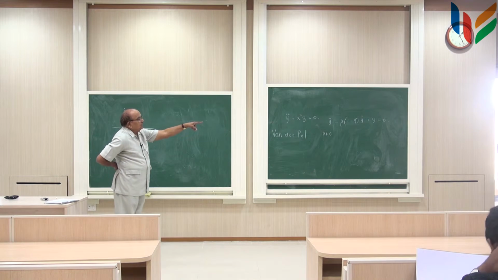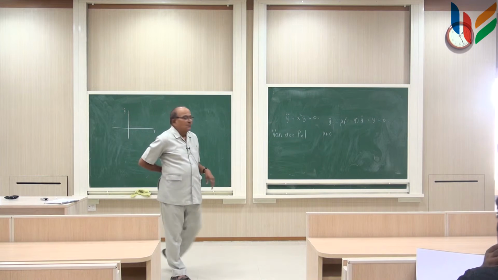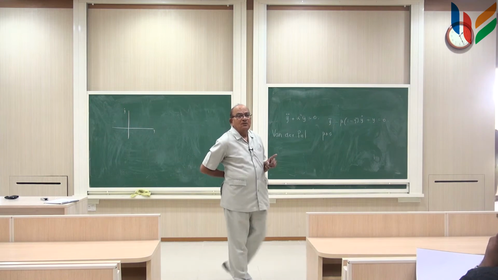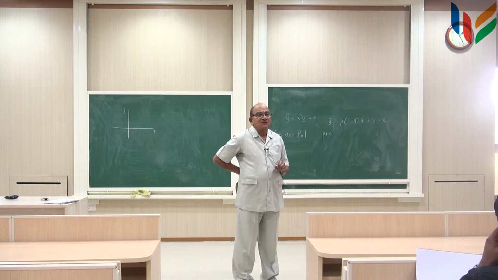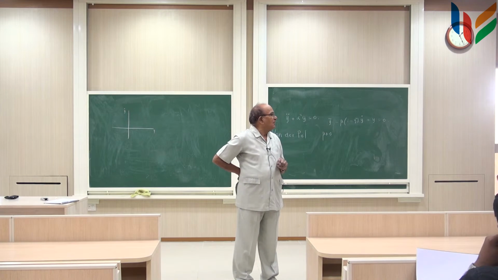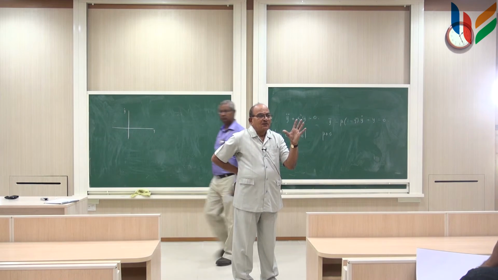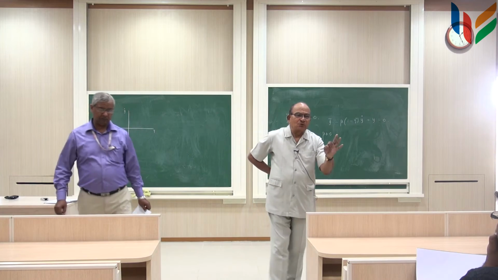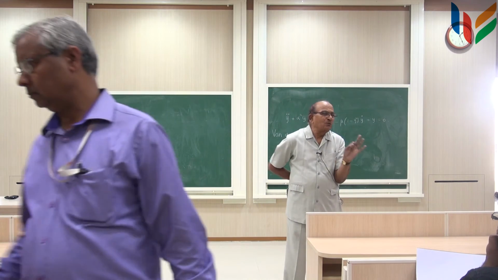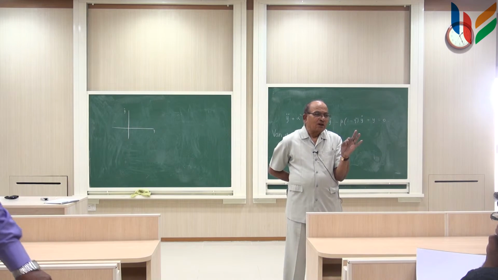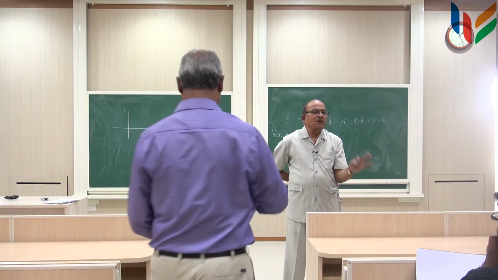If this differential equation gives you a stable solution, at t tends to infinity, what should be y dot? Can somebody quickly tell me? If this is a stable solution, at t tends to infinity, what does stable solution mean? Amplitude is stable at t tends to infinity.